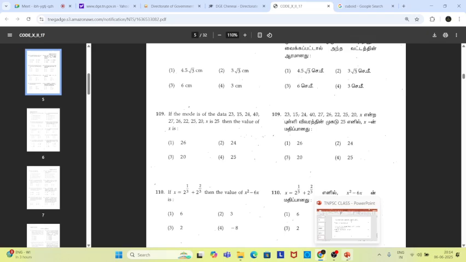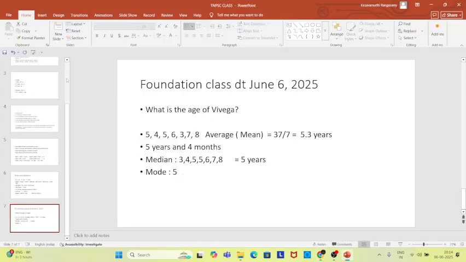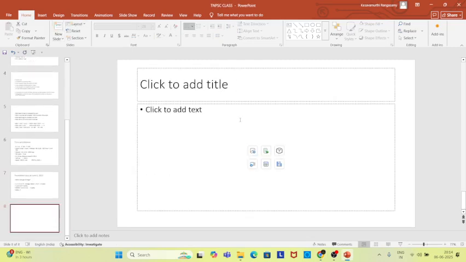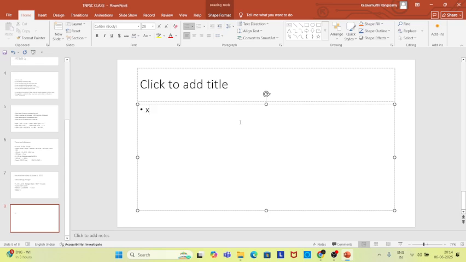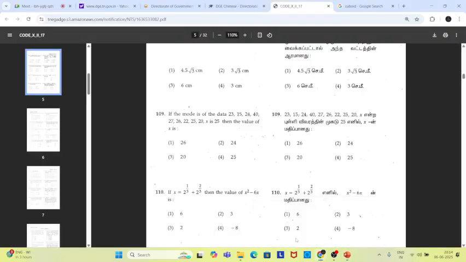Yes, sir. So I am writing x equals a plus a square. Now what is asked? Find the value of x square minus 6x.